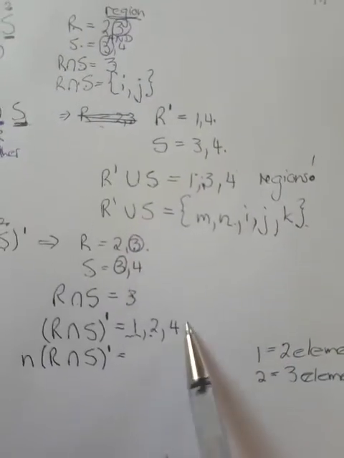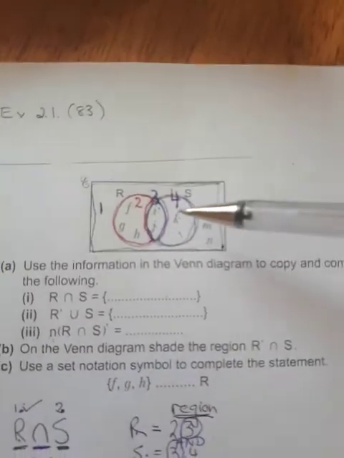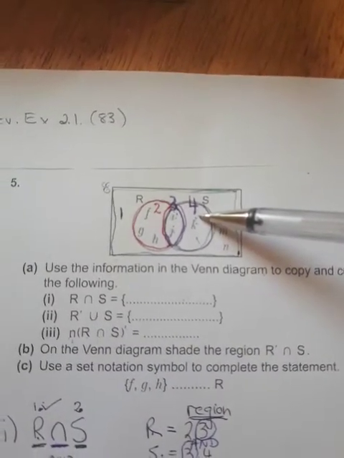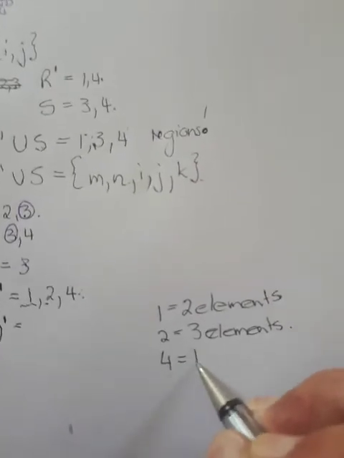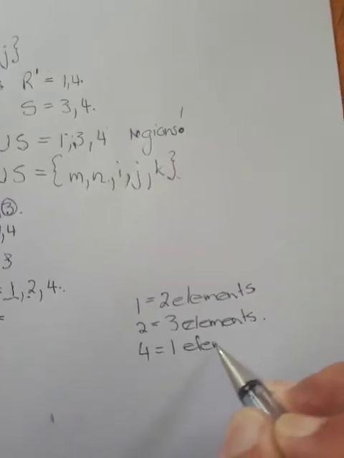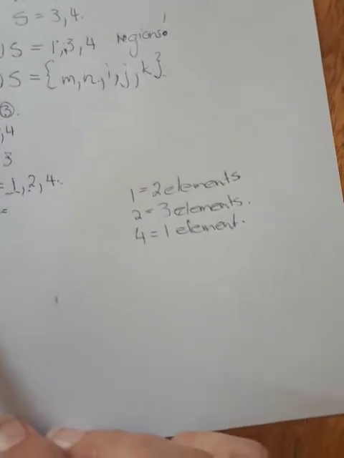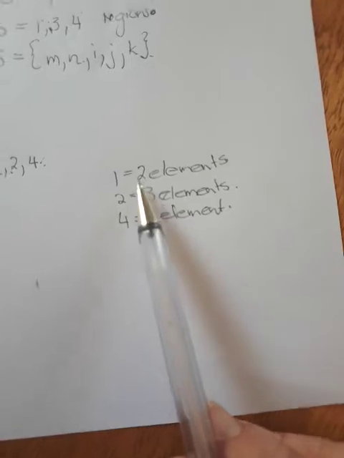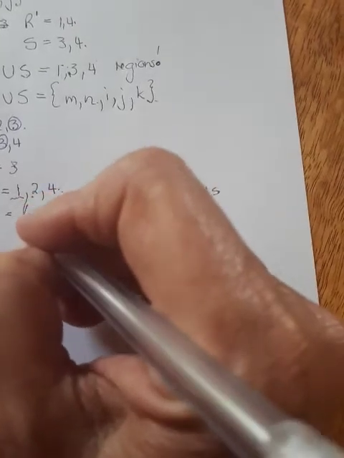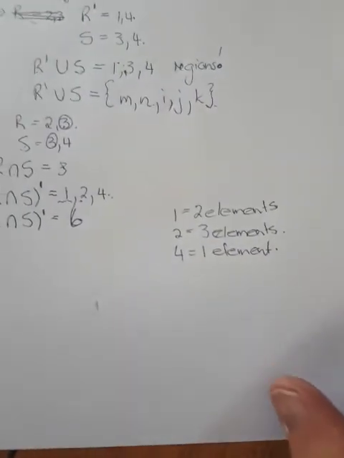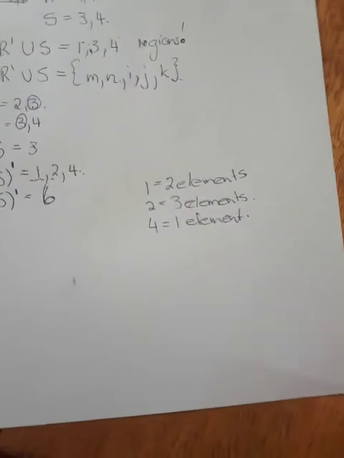And then we still have region 4. So go to region 4. Region 4 has 1 element. And now if you count the number of elements for all of these, then we've got 2 plus 3 plus 1, which is 6. So that is 6 elements altogether.